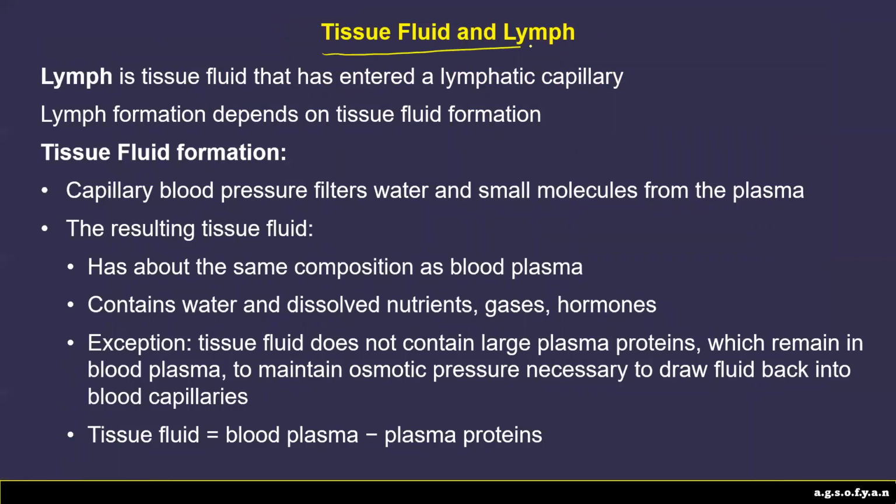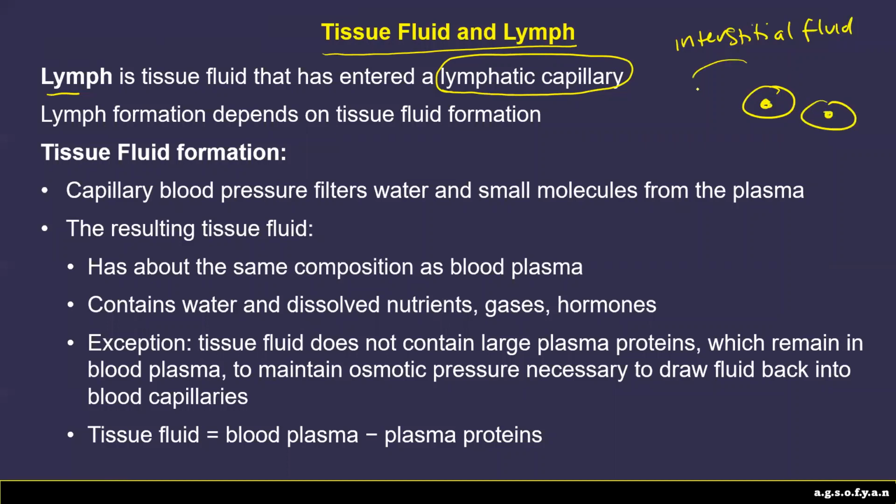Tissue fluid and the lymph. Okay? So lymph is the tissue fluid that is located inside the lymphatic vessel, starting from the lymphatic capillary. So the interstitial fluid, okay, which is fluid between cells, is called the interstitial fluid.